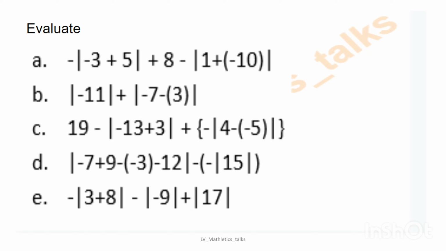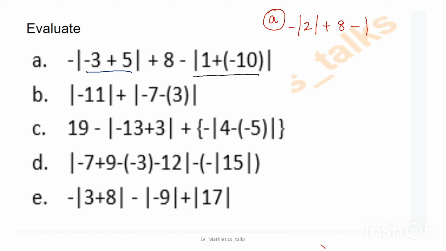Now let's try to evaluate these questions. So my first question is minus of minus 3. We'll try to simplify this. Look at this, minus 3 plus 5. What is minus 3 plus 5? It's 2, plus 8 minus, let's look into this, 1 plus minus 10 within the absolute vertical bars, right?